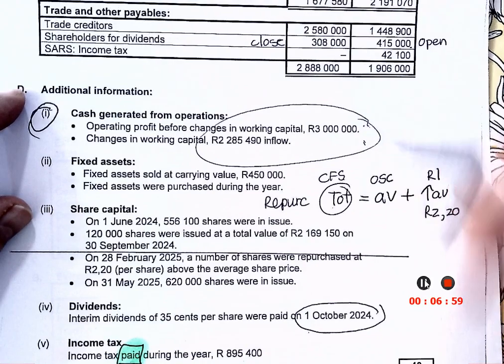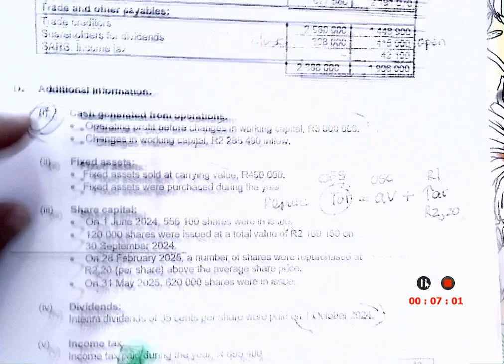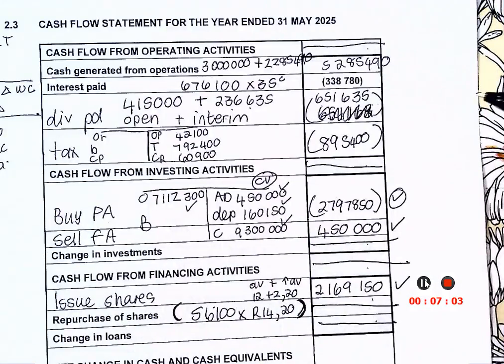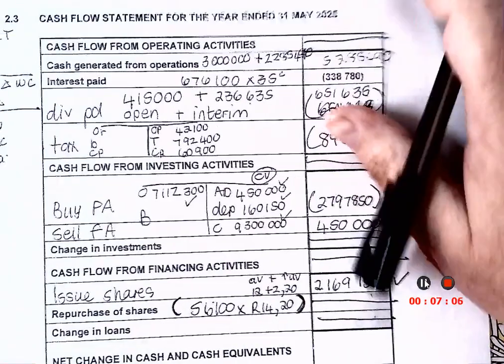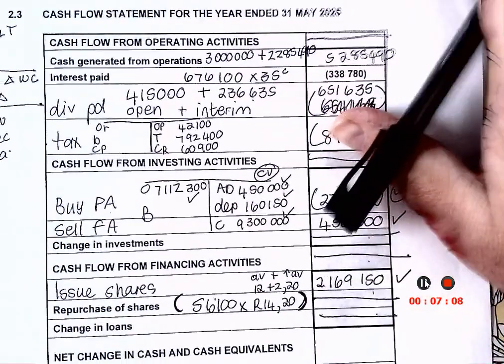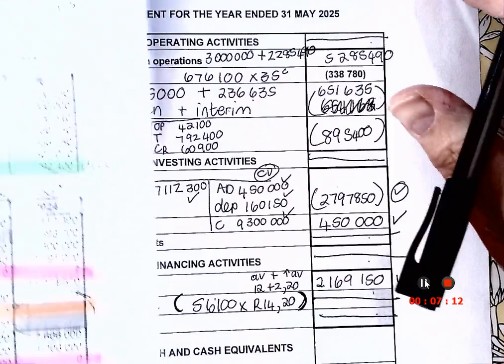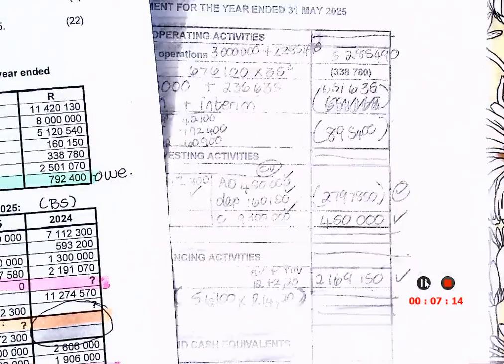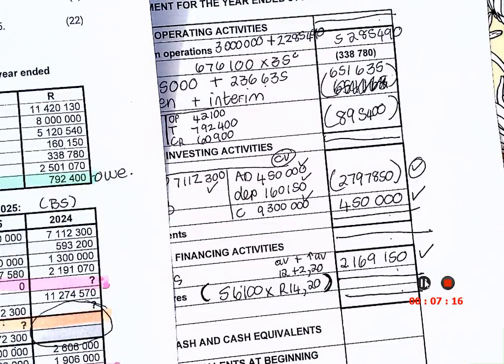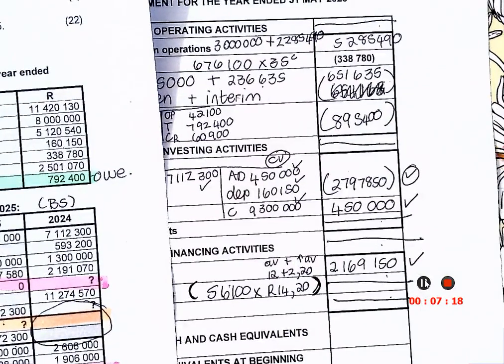But I still need to find cash. So, but let's do the ones we have. I don't have the opening, but I have the closing. And the closing is the bank overdraft, né? And the cash is 0.